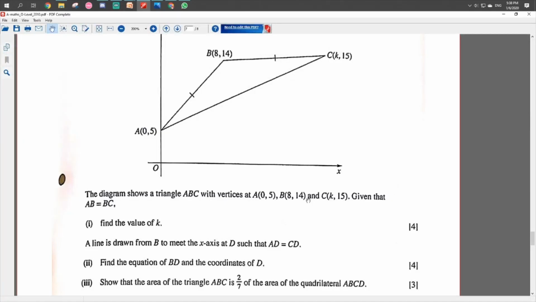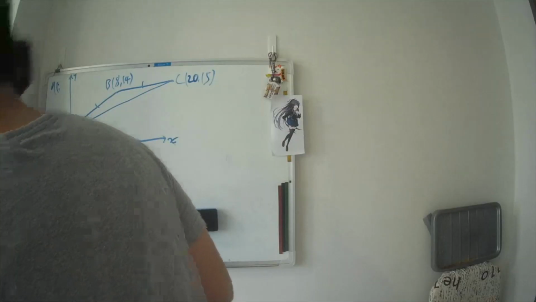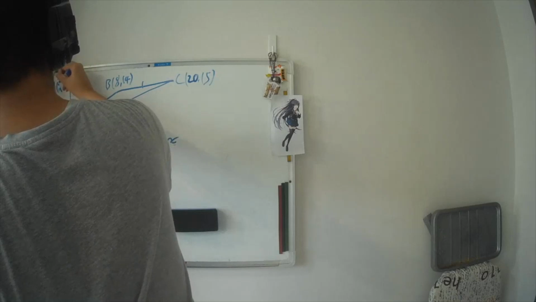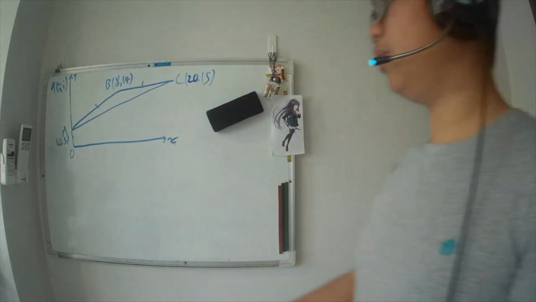Part 3, show that the area of the triangle ABC is 2/7 of the area of the quadrilateral ABCD. So you can imagine that D is going to be somewhere around here, right?